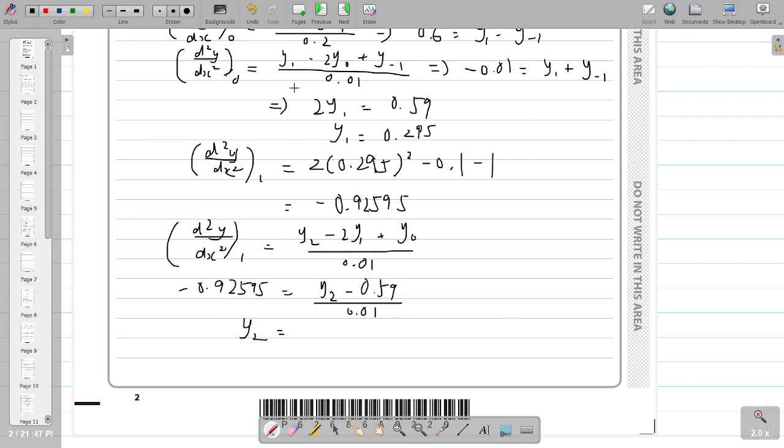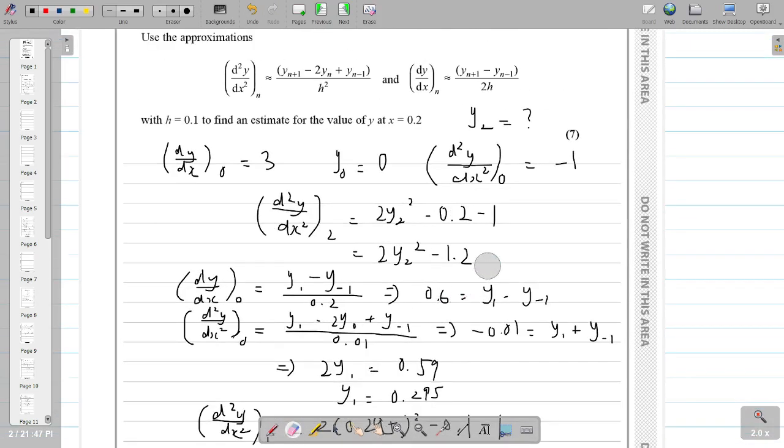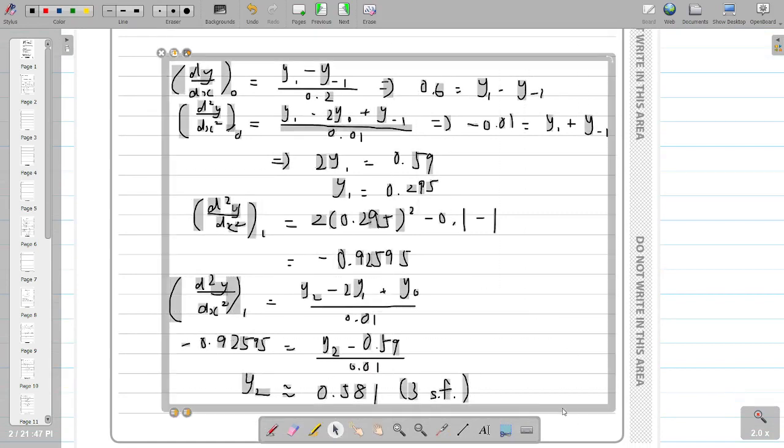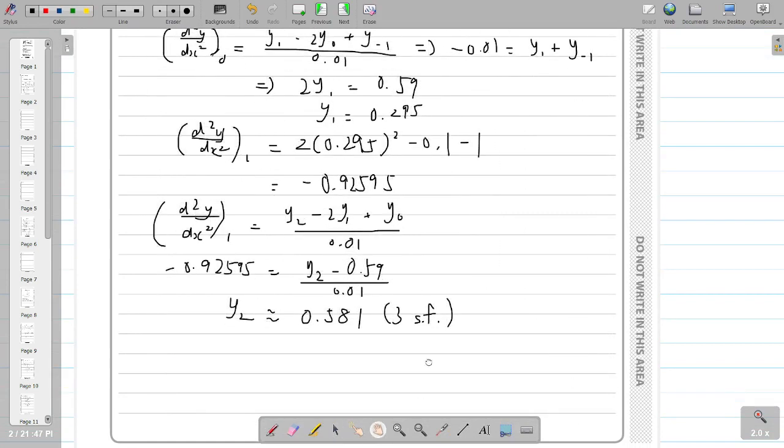So roughly equal to, in three significant figures, 0.581. So we actually didn't even need this one, because all we needed was this particular information. So let's copy all this and move up.